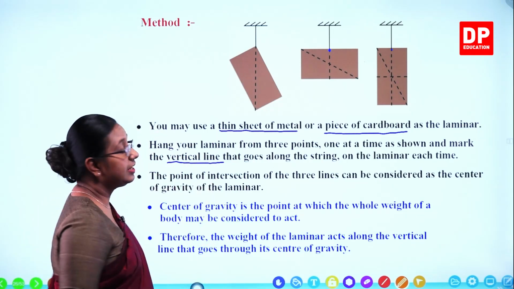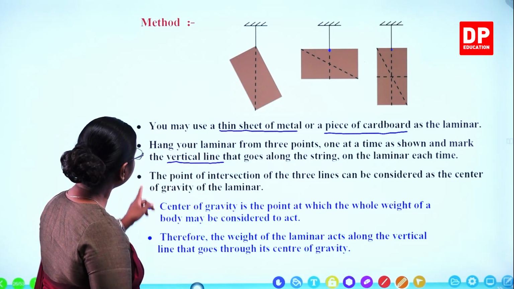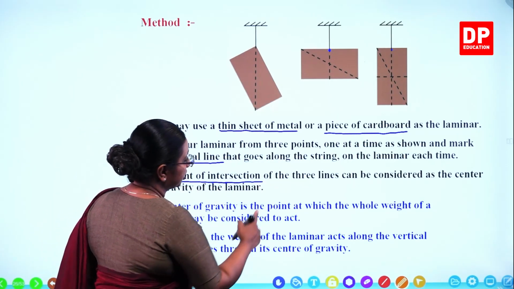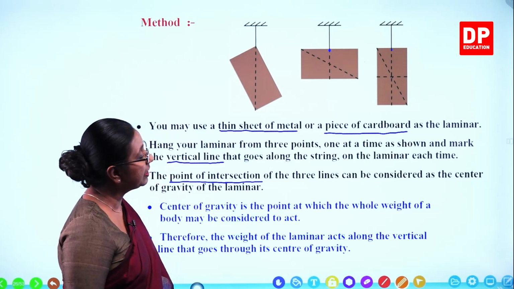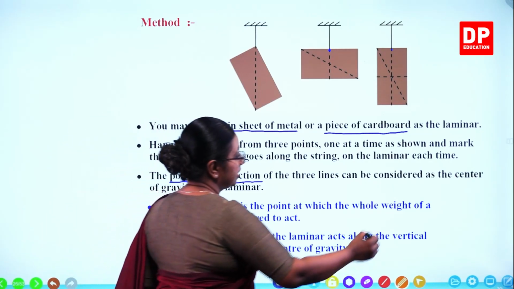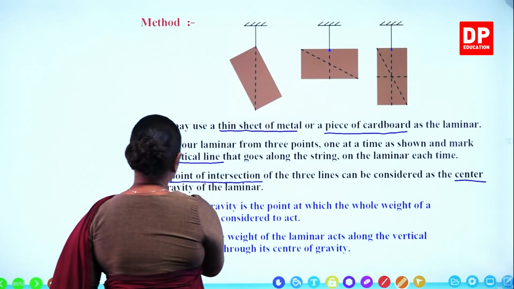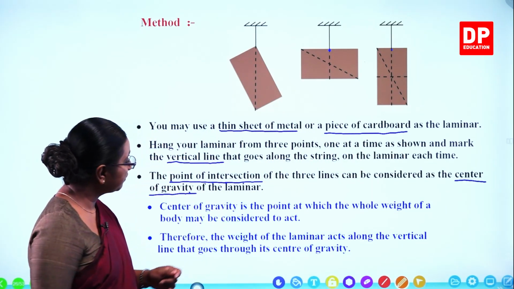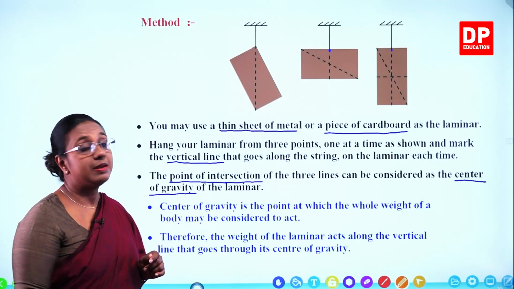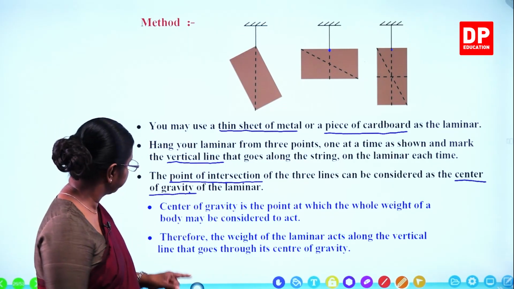Those are the 3 lines shown there. The point of intersection of the 3 lines can be considered as the center of gravity of the lamina. Center of gravity is the point at which the whole weight of a body may be considered to act.